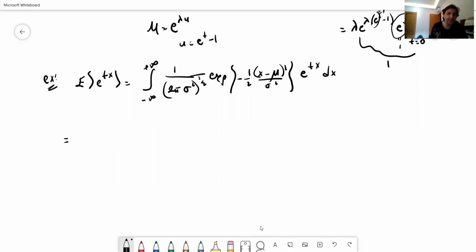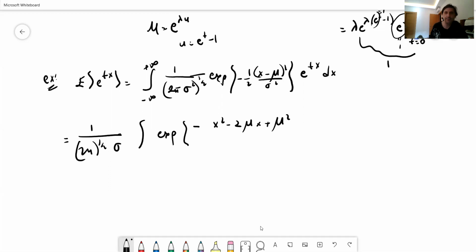So we can take the constants out, and here inside the integral, we are going to have exponential of minus 1 over 2. Let's write this term by term: minus x squared minus 2 x mu plus mu squared, divided by sigma squared, plus tx, dx from minus infinity to plus infinity.